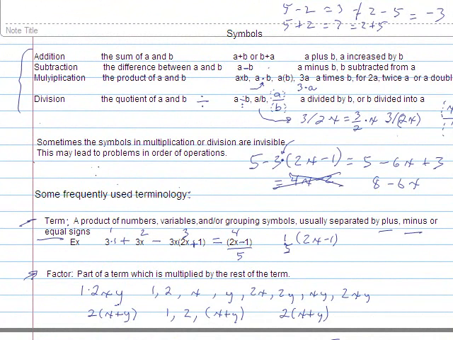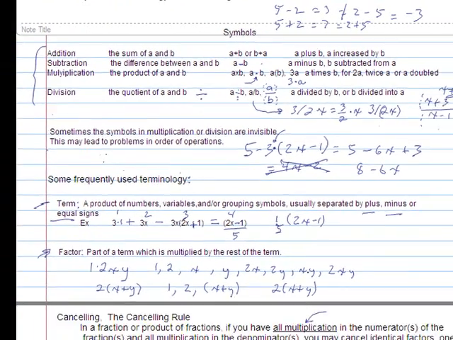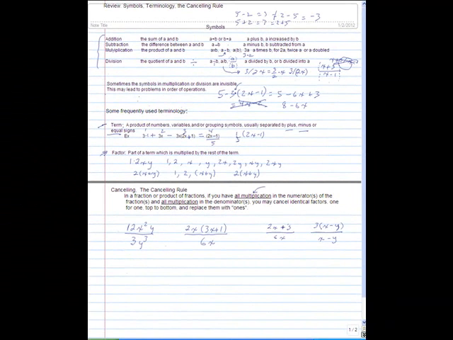So 1 is multiplying the rest of the term, so it's a factor. 2 is a factor because 2 is multiplying the xy, so it's multiplying the rest of the term. X is a factor. It's multiplying the 2 and the y, so it's multiplying the rest of the term. Down the list of ways, xy is a factor because xy is multiplying the 2. And 2xy is a factor because it's multiplying the 1.